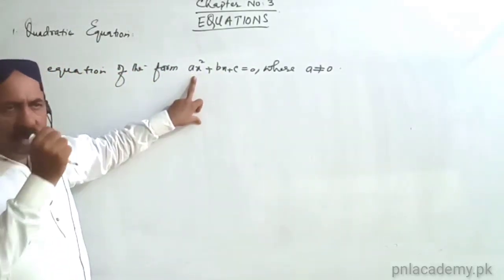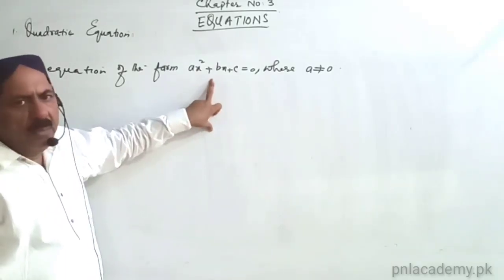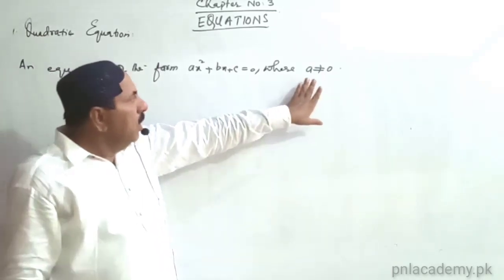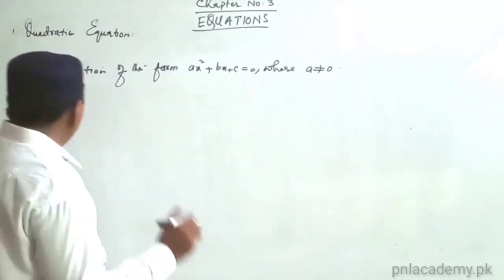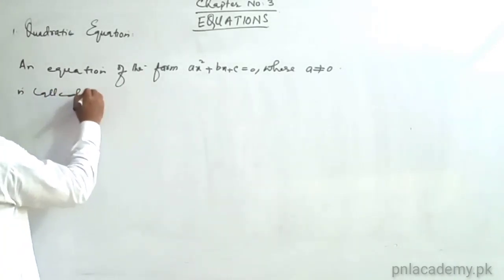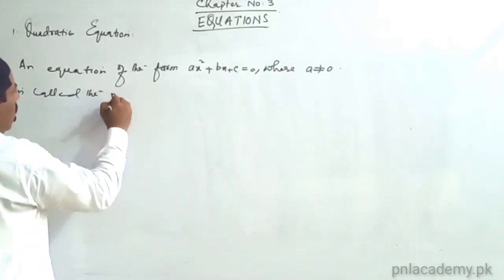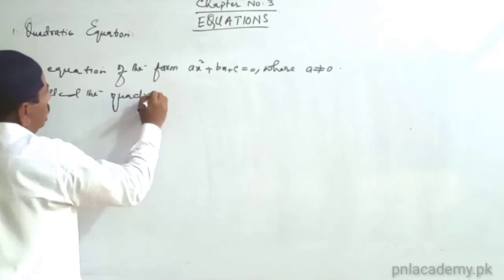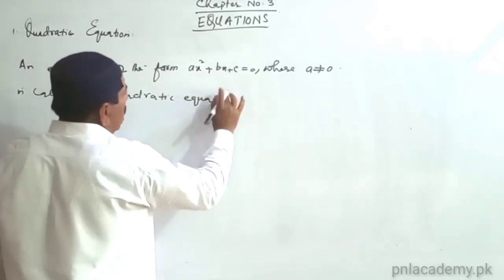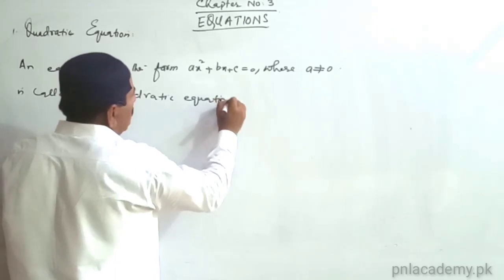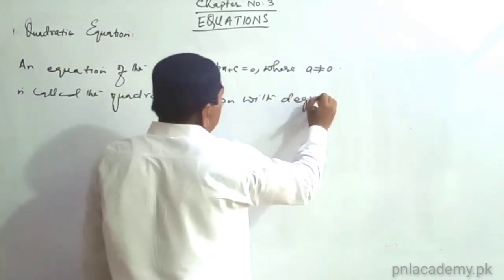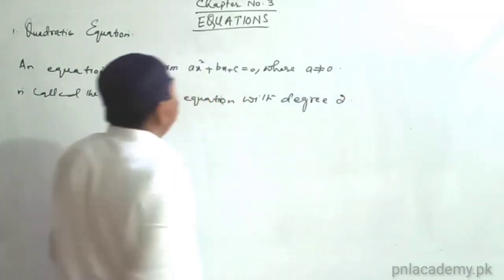If you consider that a is equal to 0, then it will be a linear equation, not the quadratic equation. So a is not equal to 0 is called the quadratic equation, with degree 2.